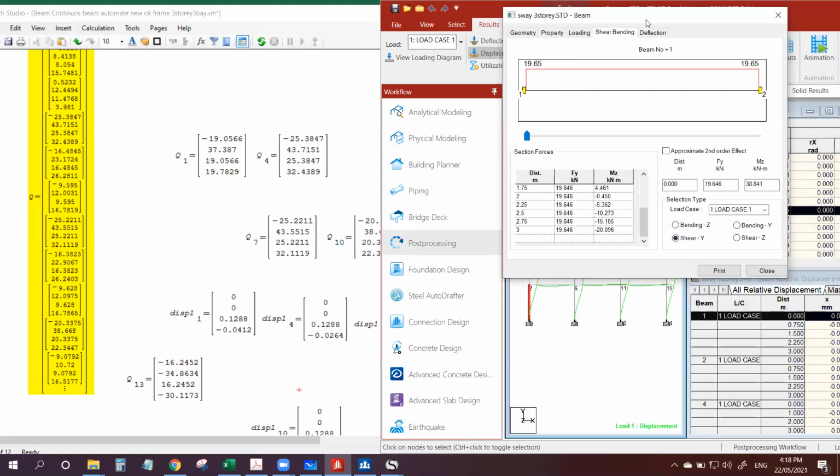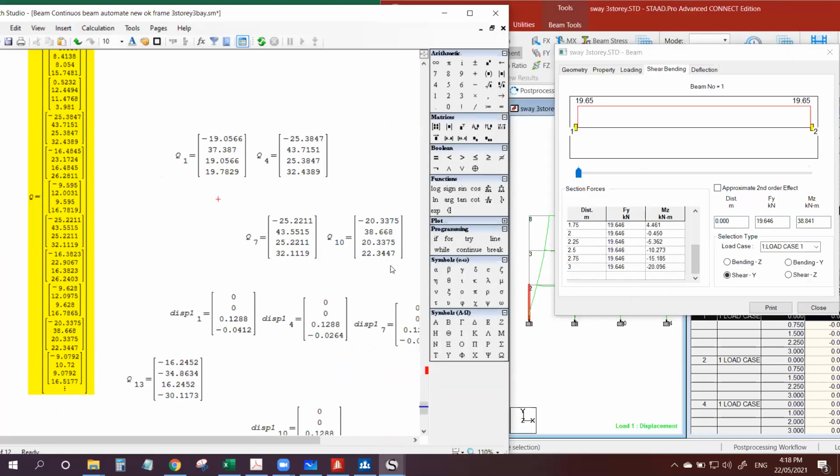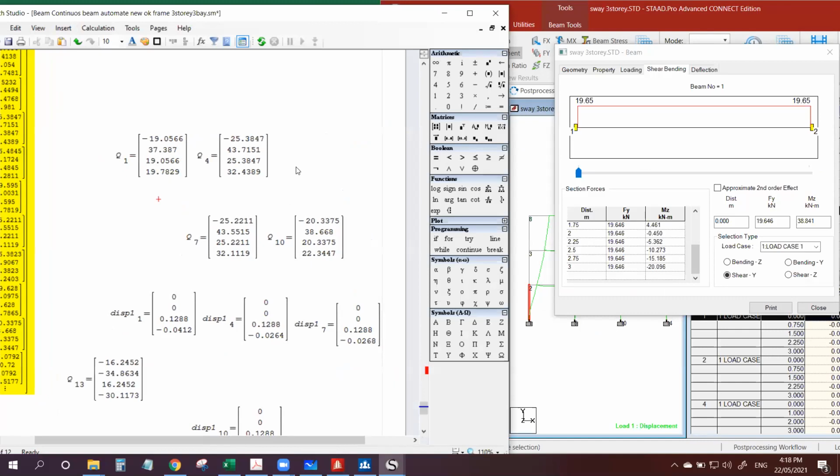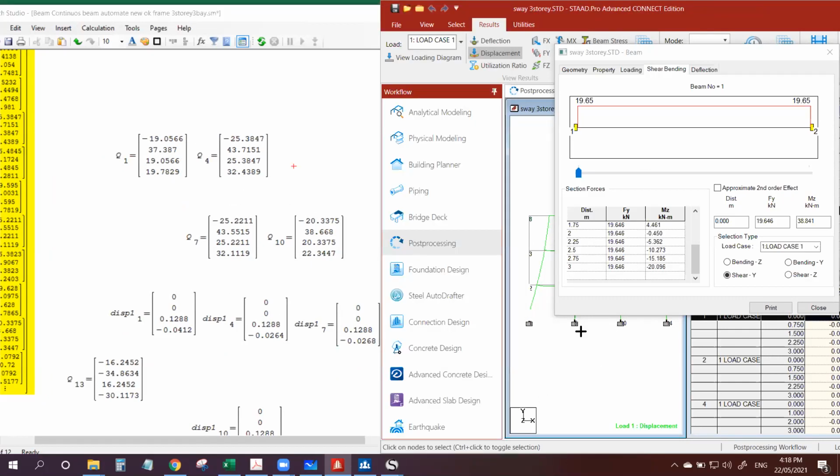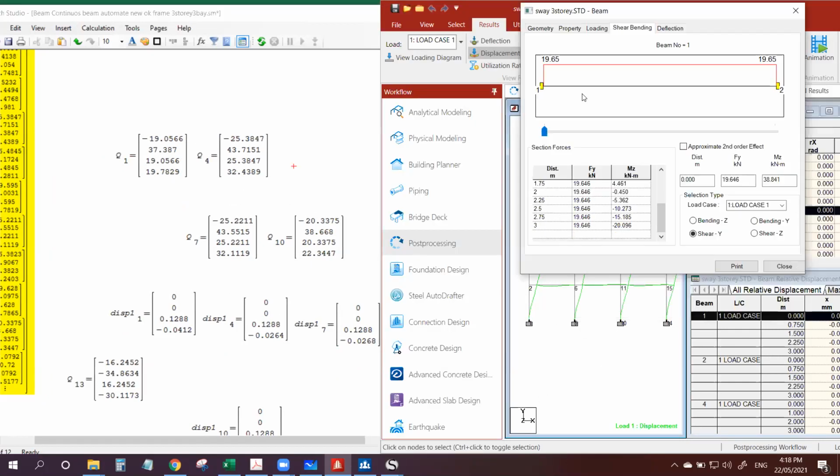For member 4, this is our member 4, which corresponds to this member. I'll double click this. Our shear is 26. Okay, STAAD is getting 26.